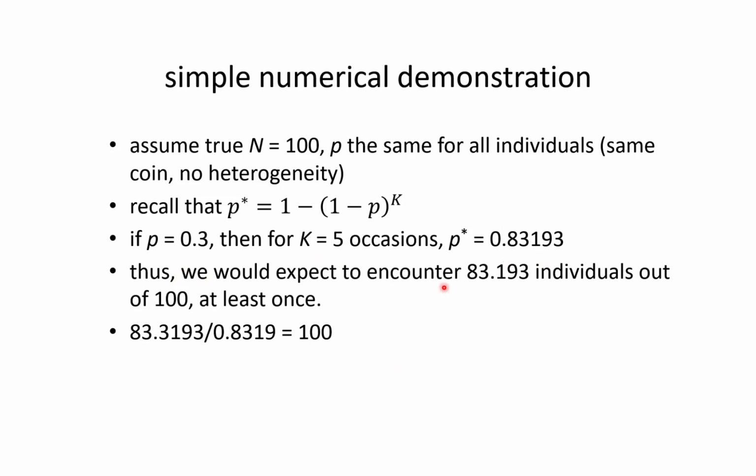So we would expect to encounter 83.193 individuals out of 100 at least once. Right? So that's our expected count, and our P star is 0.83. If we took the expected count and divided it by P star, we get 100, which is exactly what it should be. Okay, so this is the situation where all individuals have the same coin, no heterogeneity, same p-value.